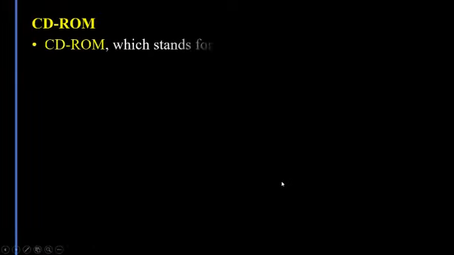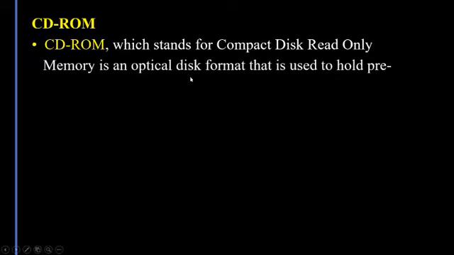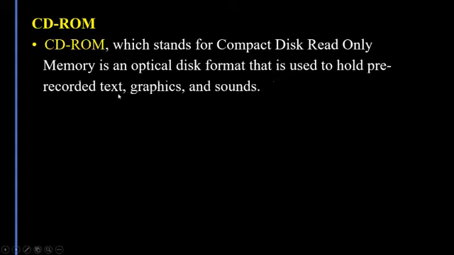So if you are to explain around that, CD-ROM, which stands for compact disc read-only memory, is an optical disc format that is used to hold pre-recorded text, graphics, and sound.